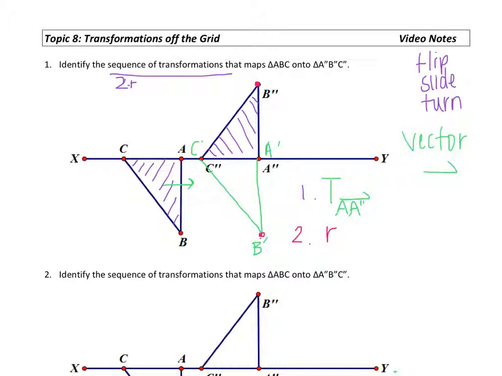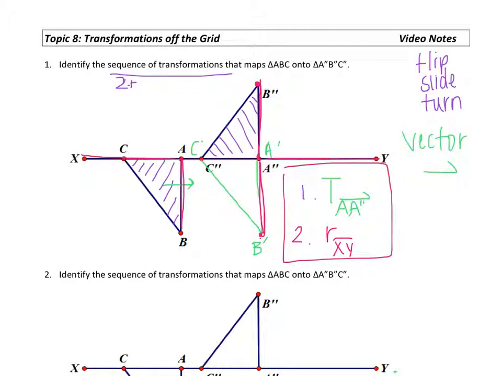Do I want to reflect over a segment such as AB, a segment of the triangle, or this horizontal line here, XY? And if I were to reflect over XY, B is some distance away, and if I count that same exact distance, it ends up being mapped to B double prime. So here I can say that this is a reflection over XY, the segment. So here we have finished our final answer.